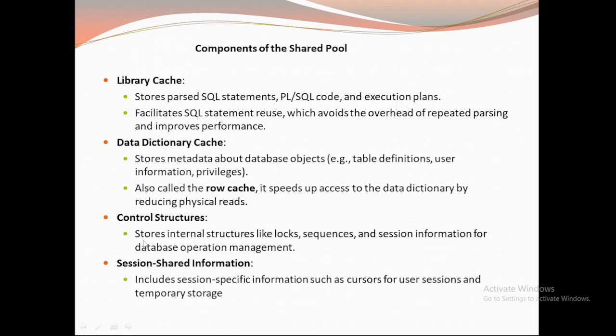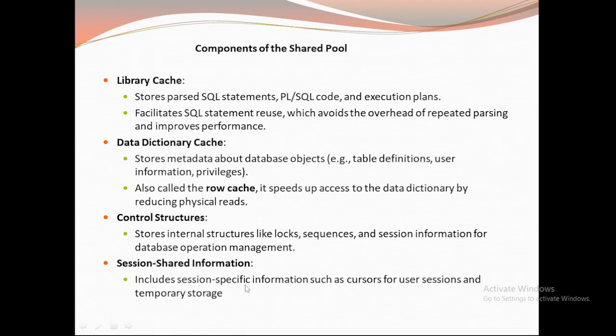Control structures store internal structures like logs, sequences, and session information for database operation management. So all these things work as a whole to give information to the shared pool: library cache, data dictionary cache, control structures, and session shared information.